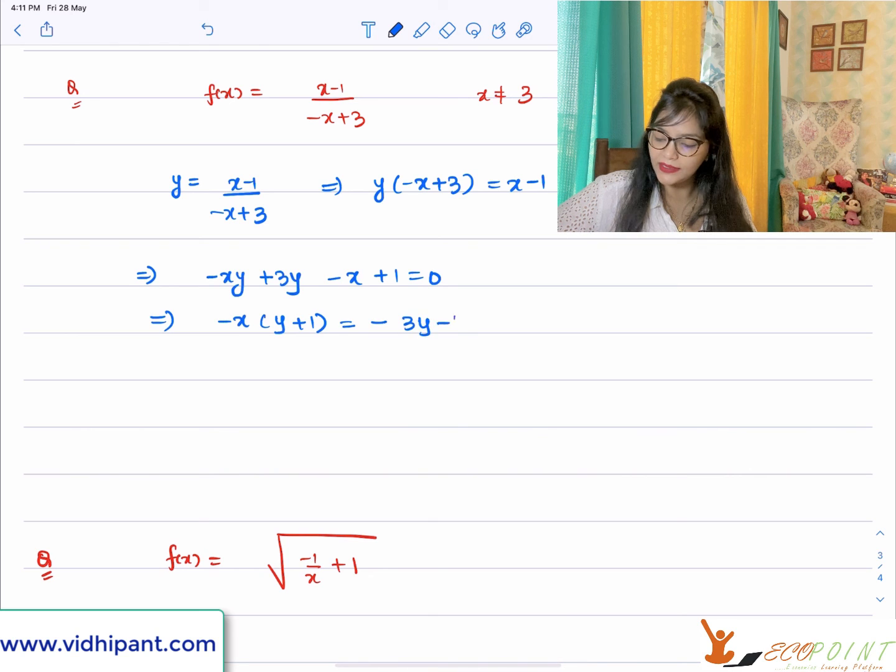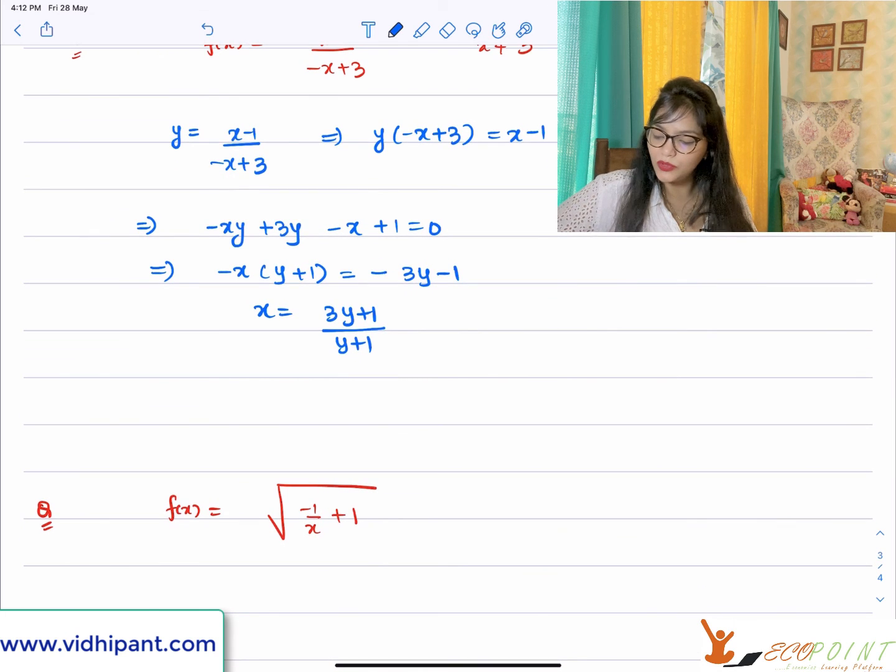So, I have minus x y plus 1 is equal to minus of 3y minus 1, or in other words, x is equal to 3y plus 1 whole thing upon y plus 1.